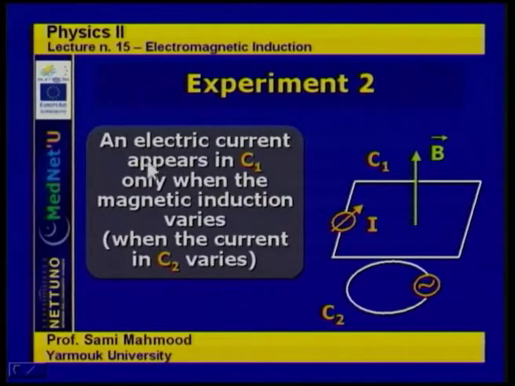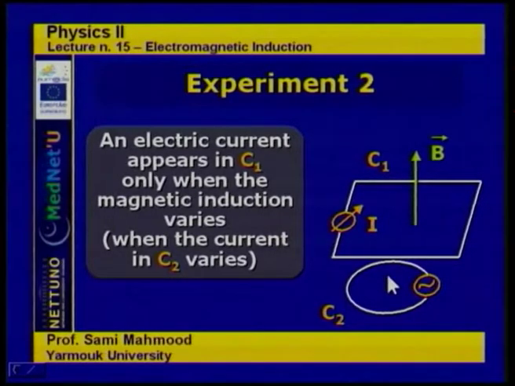And it was observed that there is an electric current in C1 that starts flowing only when the magnetic induction across the rigid circuit varies. That means if we vary the current in C2, because if current is flowing in C2, then it produces a magnetic field, as we have discussed in the previous lecture.